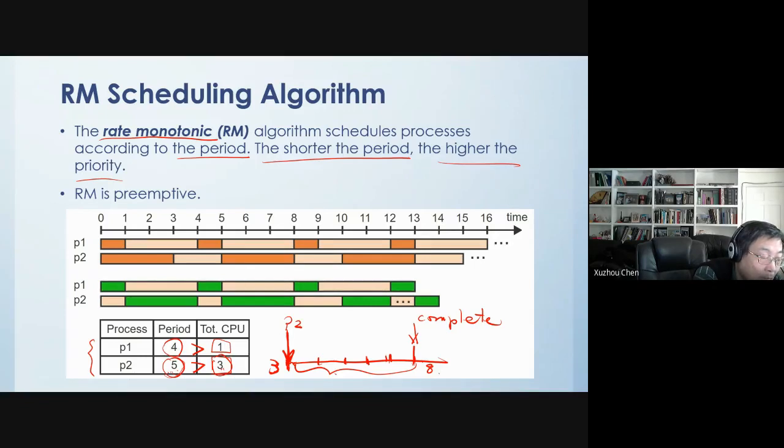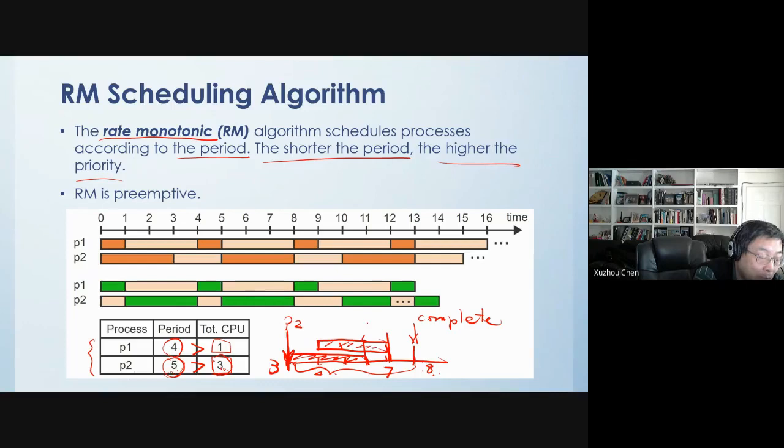The CPU burst is 3, so it will finish at time 6, which is fine because 6 is less than 8, right? Now, if I request at 3 and the scheduler starts to execute process 2 at time 4, it's still fine because the CPU burst is 3, so you can finish before 7.